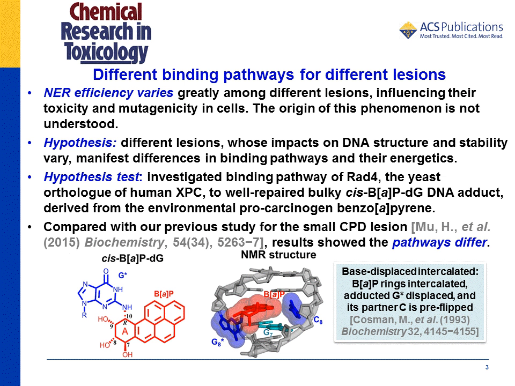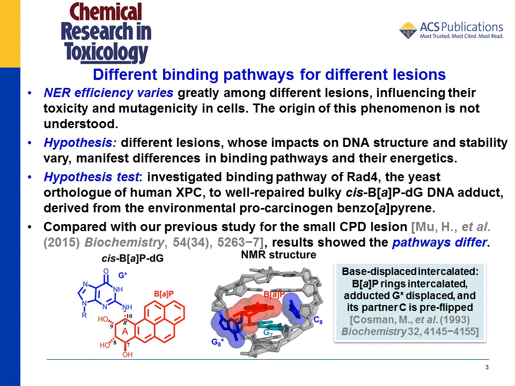The BP rings are shown in red, the damaged guanine and its normal partner C are in blue. The BP rings are intercalated in the DNA helix, where the damaged guanine is displaced into the minor groove, and its partner C is pre-flipped into the major groove.